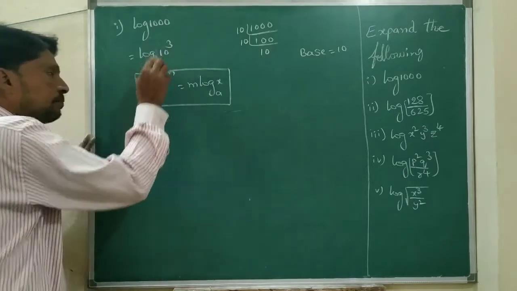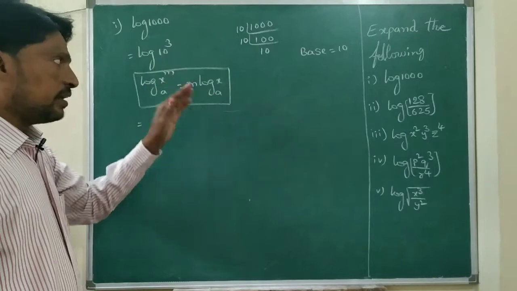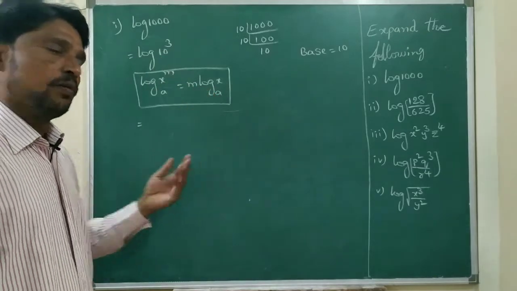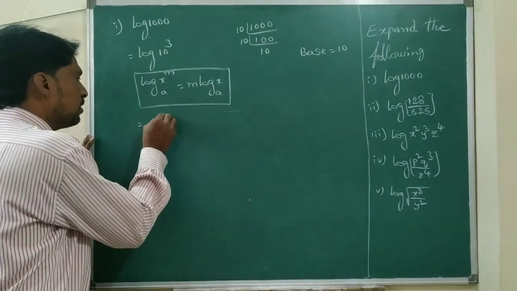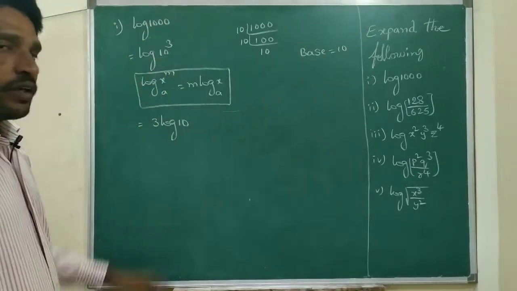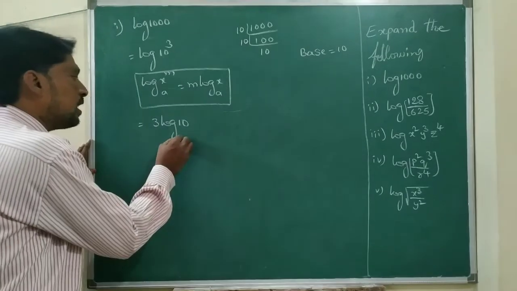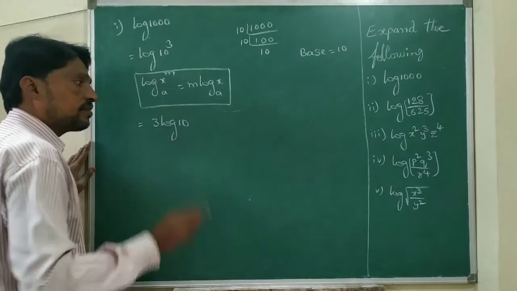So here what is m? m is 3, x is 10, and the base is invisible, so it is 3 log 10. So log 1000 equals 3 log 10, where the invisible base is 10.